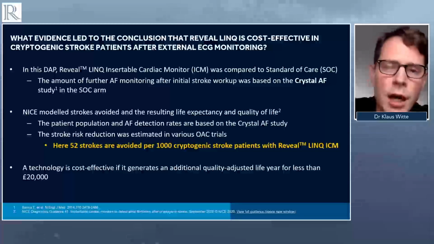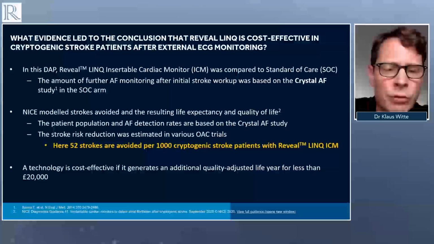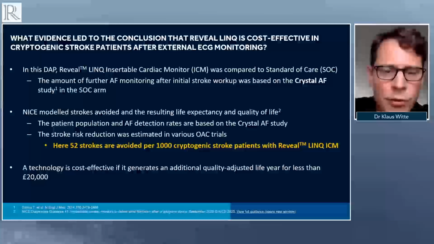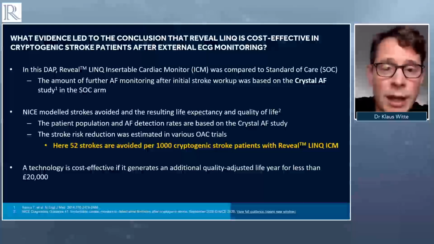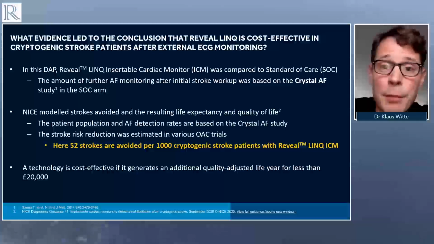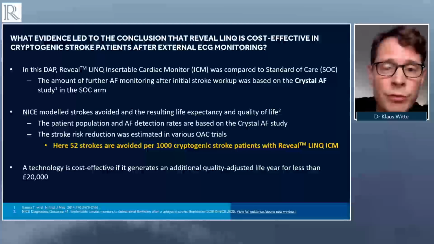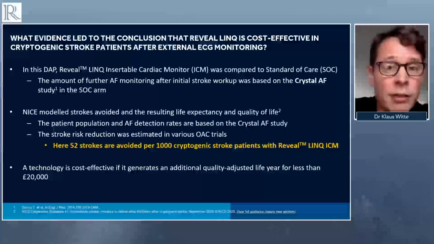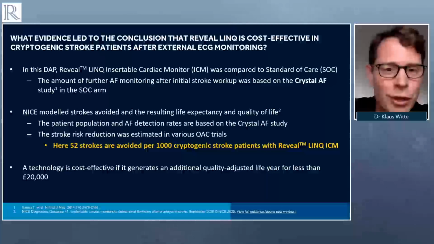And largely that was based around assessing what happens if you have atrial fibrillation discovered following a cryptogenic stroke? What is the treatment that you might receive? And how effective is that treatment, both in terms of preventing strokes, but also in terms of the risks of causing bleeding? And that is, of course, a part of the package that people accept when they take anticoagulation therapy. So that had to be included in the model.